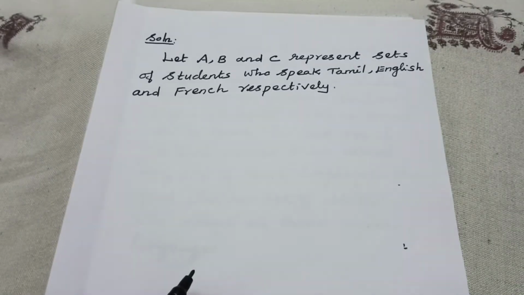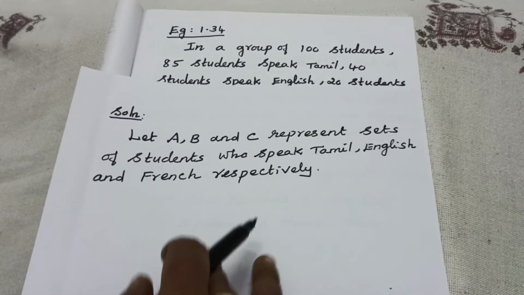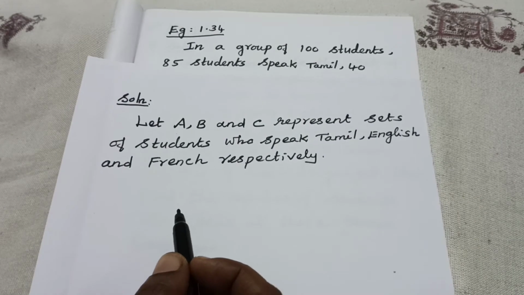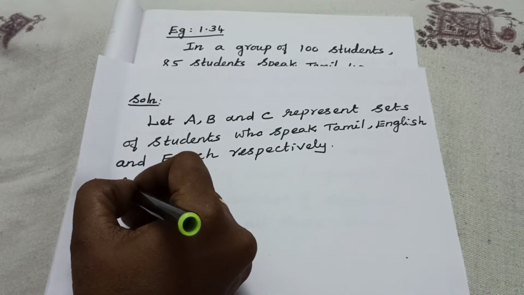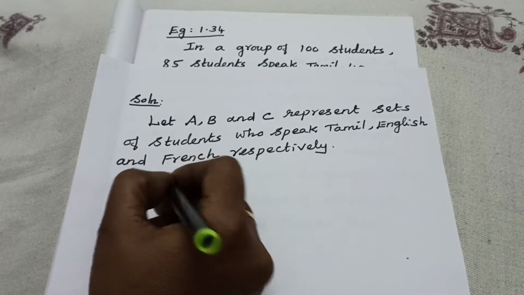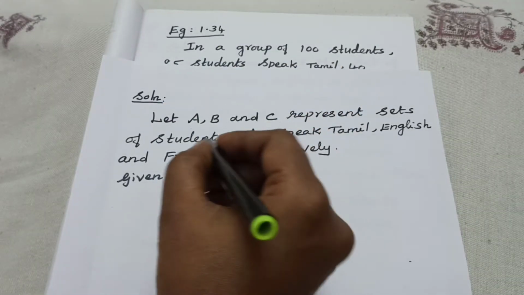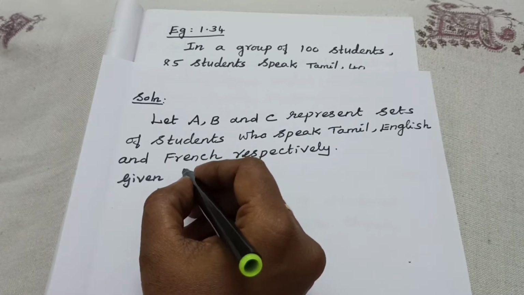Then from this question, what do we have to write? In a group of 100 students. First we have to write the total number of students, how much? 100, isn't it?